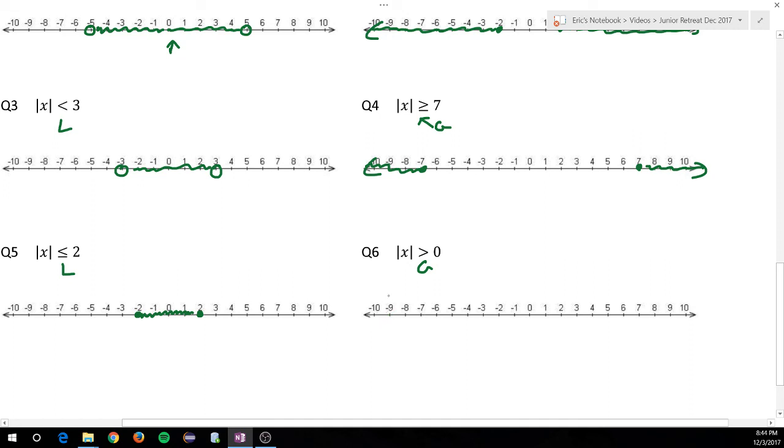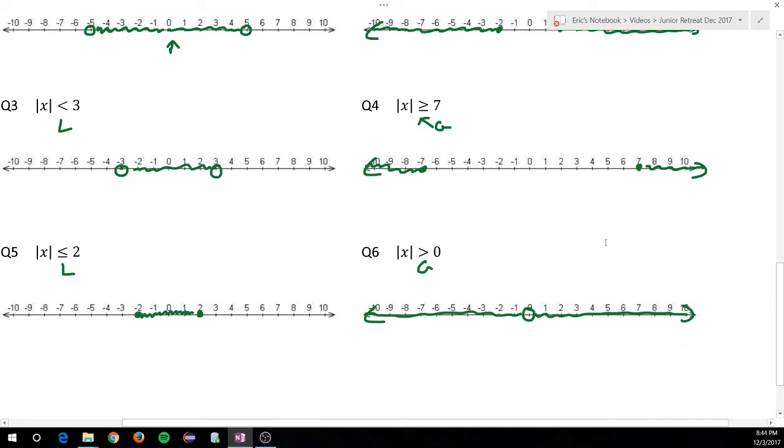Let's first talk about how the absolute value of x could equal 0. That just means you are 0. If you are 0 away from 0, it means you are literally on 0. So the only number that we are not allowed to shade in is 0. But I could go anywhere to the right, and I could go anywhere to the left.